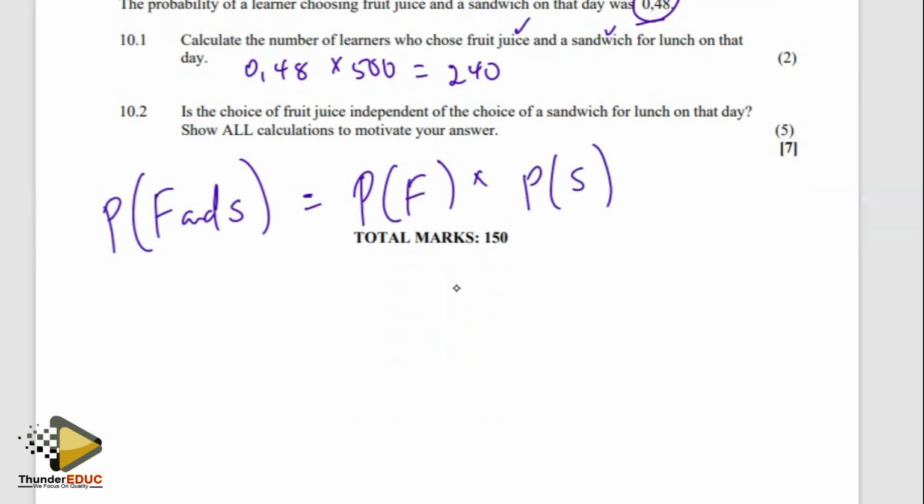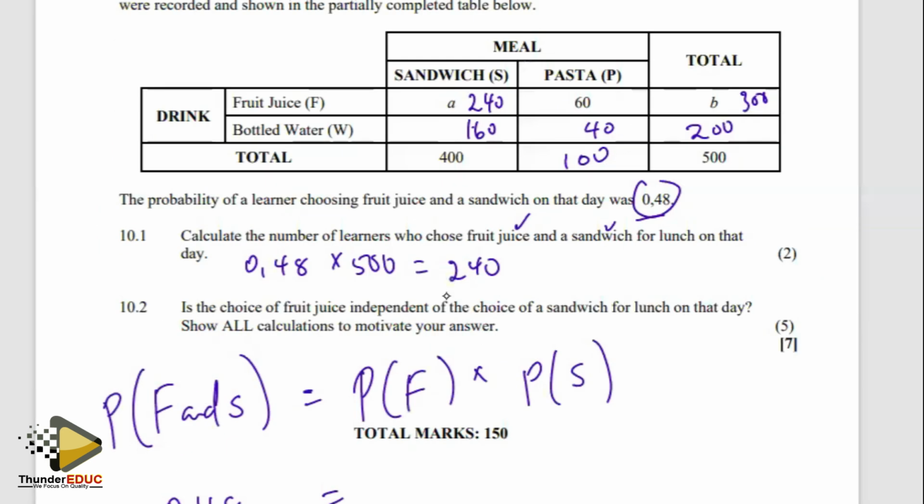So sandwich and fruit juice, we said it's 0.48. Probability of just the fruit juice, we shall have 400 over 500. And then probability of a sandwich, that is the sandwich. Okay, let me start with the fruit juice is 300, and then the sandwich will be the 400 over 500.